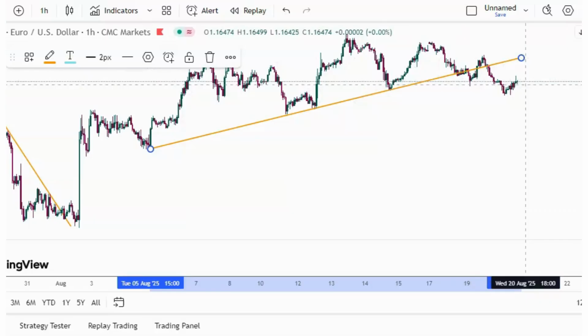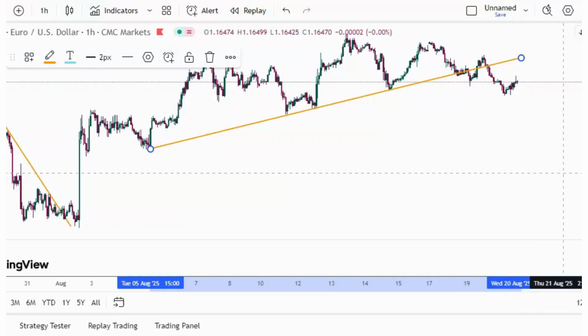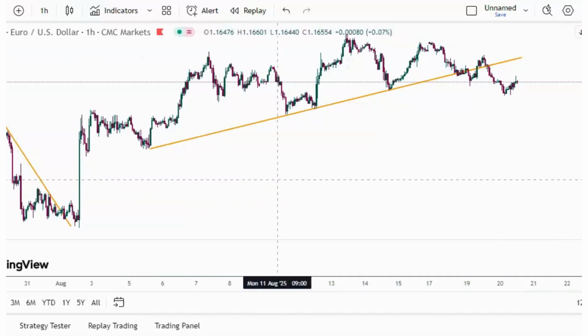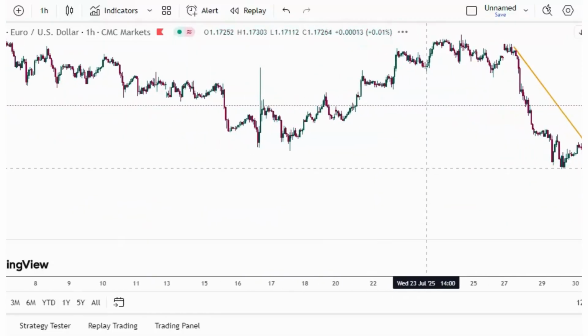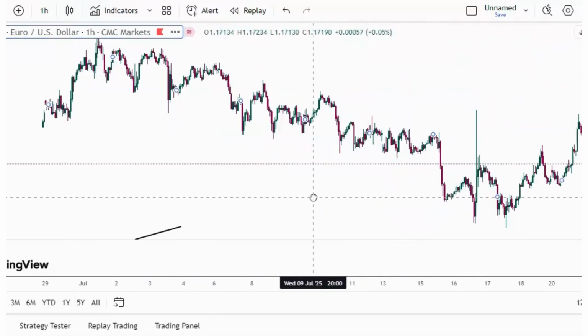From this point, I'm expecting the price, for me, at this point, I was going to sell. Okay, the price went up to retest the line and went down again. I believe the price is going to form waves falling down. All right, simple. It's not complicated at all.